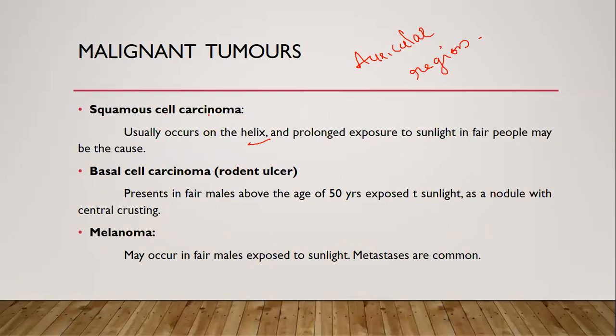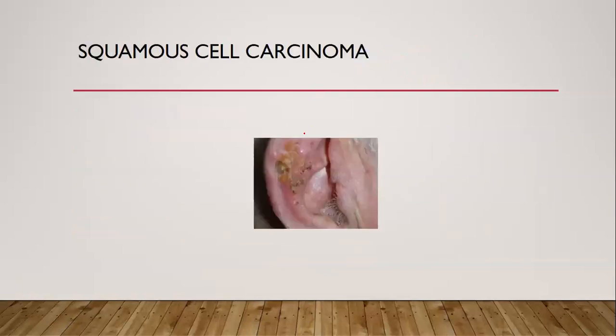Basal cell carcinoma is otherwise known as rodent ulcer. It also presents in fair males above the age of 50 years exposed to sunlight, as a nodule with central crusting. Melanoma may occur in fair males exposed to sunlight. Metastases are common; in melanoma there are higher chances of metastasis. So these are the three main forms of malignant tumors of the auricular region.